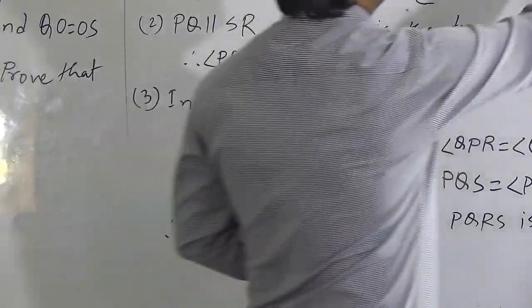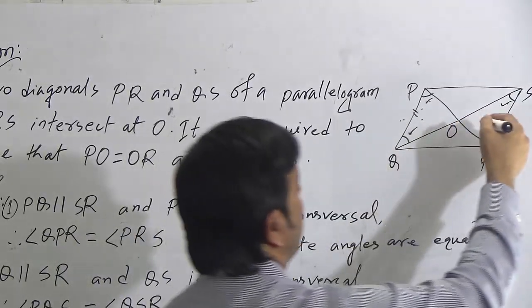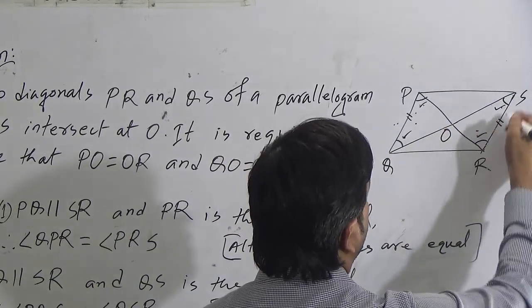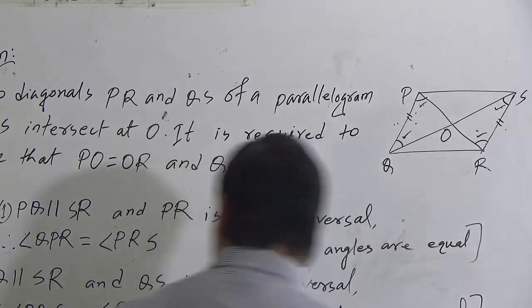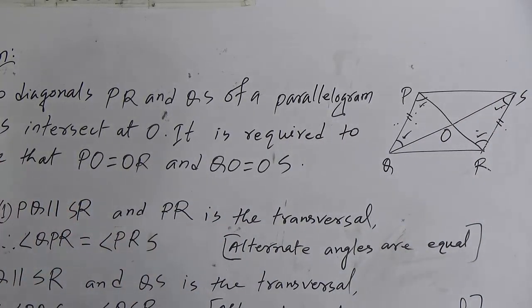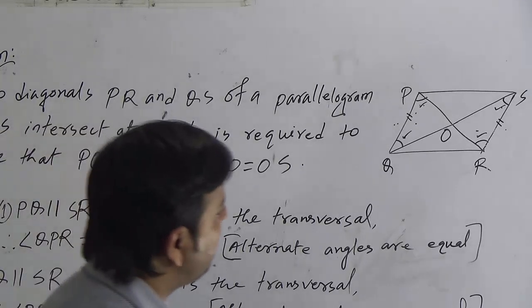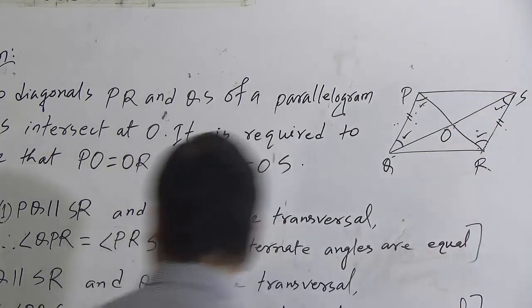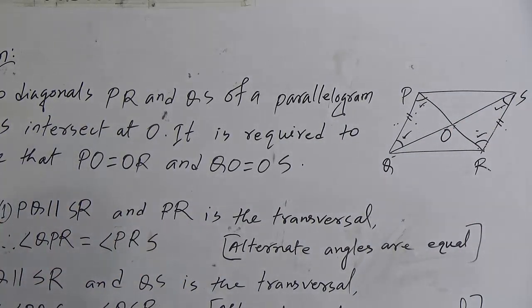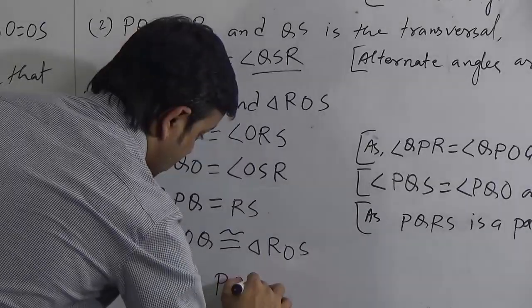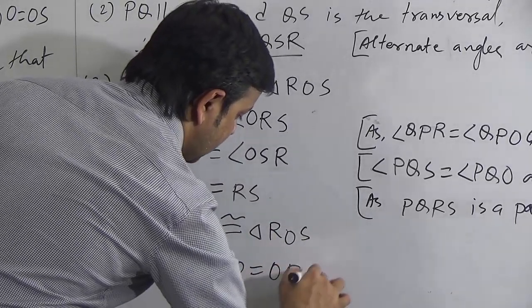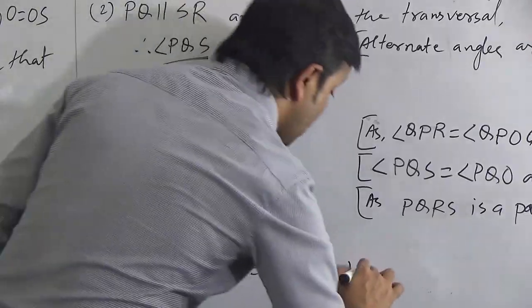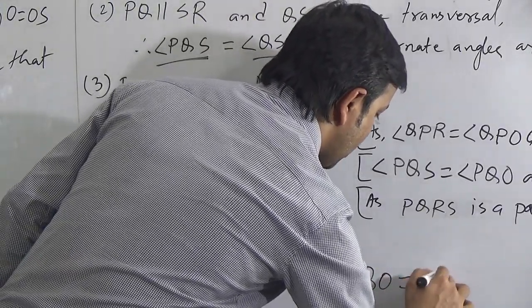As these two triangles are congruent, we can say corresponding sides are equal. So PO equal to OR and QO equal to OS.